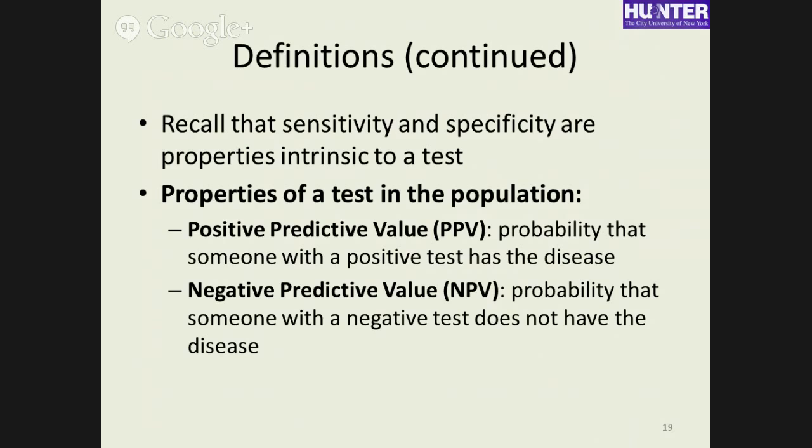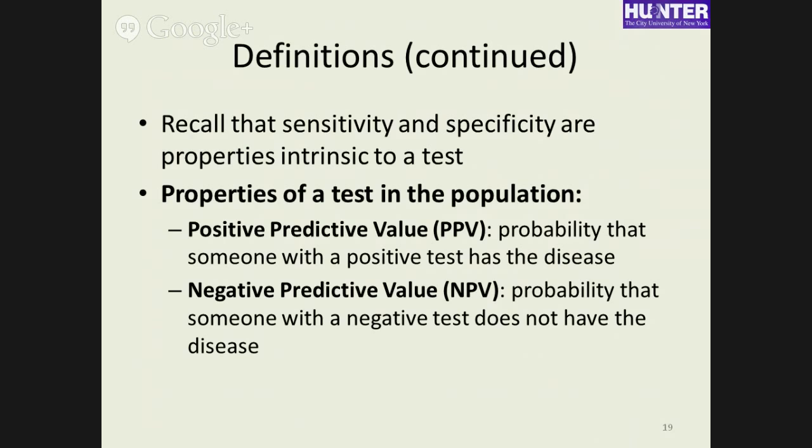Yes, question from the audience. How does the reliability of a test impact the sensitivity and specificity we are talking about? Okay, so the question is how test reliability affects sensitivity and specificity. For a given test that is fixed, the test is what it is, you can only trade off between sensitivity and specificity.